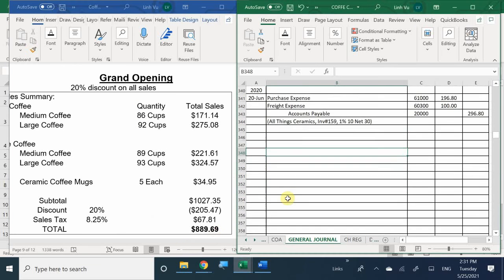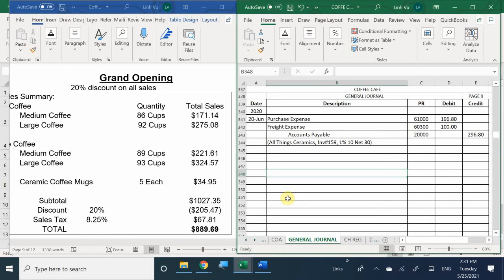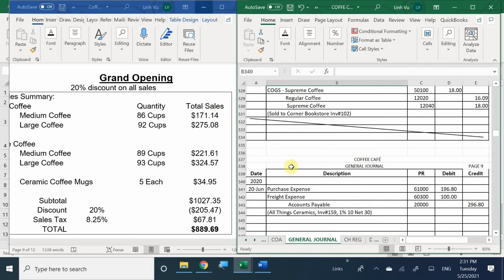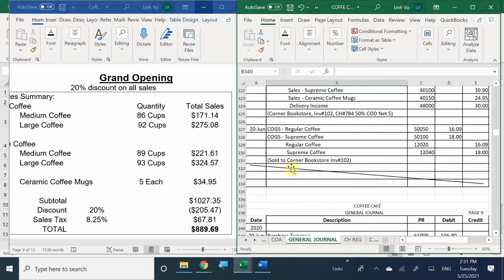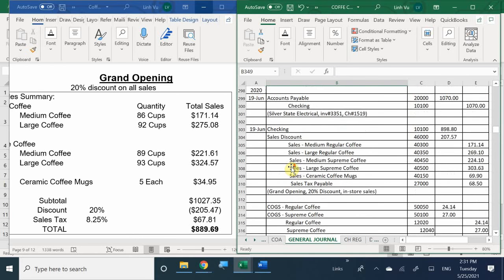Well, I'm in. Okay, general ledger. I'm just going to copy and paste like we did before. Checking, accounts receivable. No, wait, the journal. We're still giving discounts out. Yes, we are. Get our name out there. All right, we're going checking, sales discount, sales medium coffee, sales large coffee, sales medium supreme coffee, sales large supreme coffee, and we actually sold some mugs.